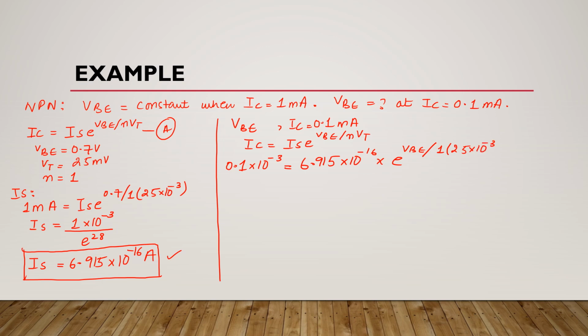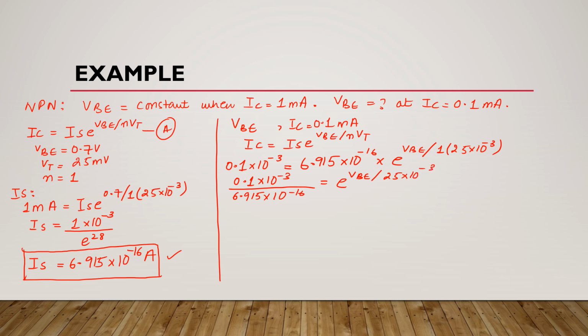Okay, and if we rearrange this equation, we get 0.1 into 10 raised to the power minus 3 divided by 6.915 into 10 raised to the power minus 16 is equal to e raised to the power VBE divided by 25 into 10 raised to the power minus 3.